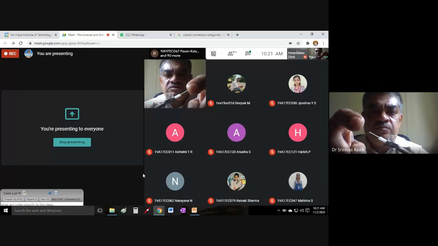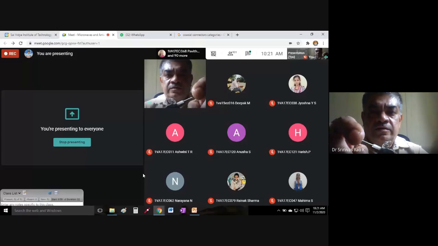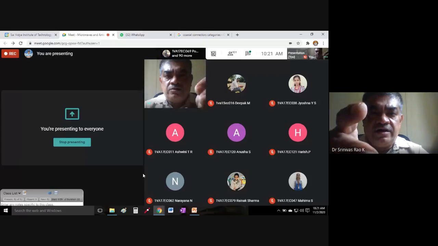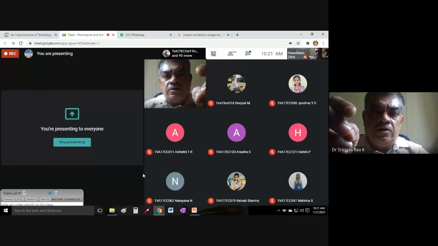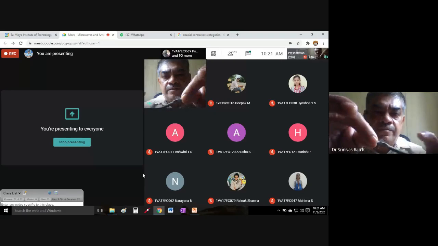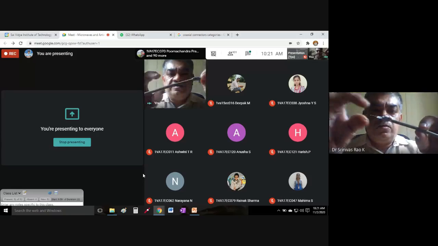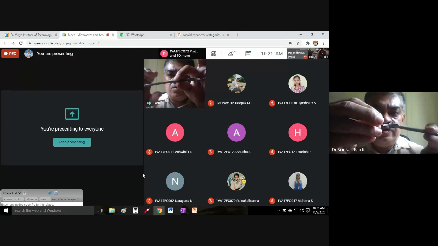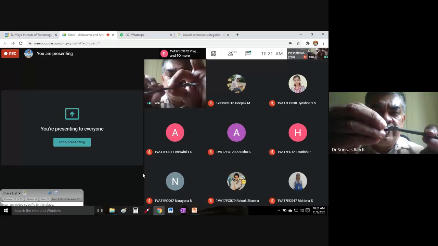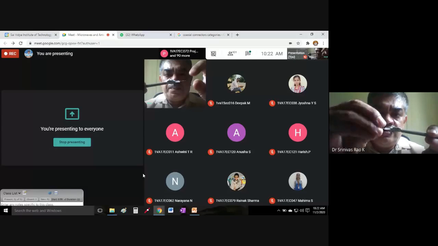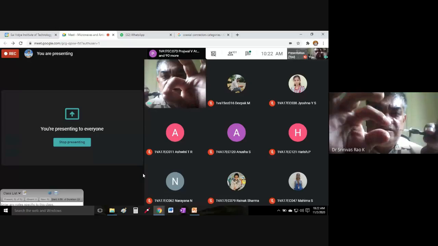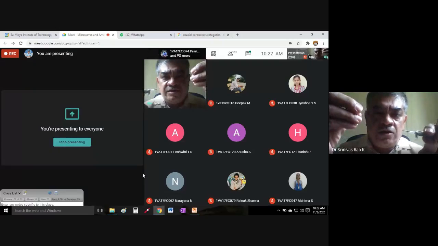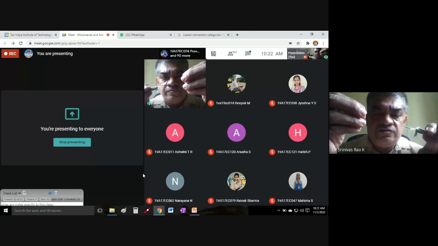I'm taking a piece of cable; assume it is the full length of coaxial cable. At the end we connect a cable connector, the male connector, and the other end, on the TV or set-top box, has a female connector. We put the male connector in the female connector and lock it.